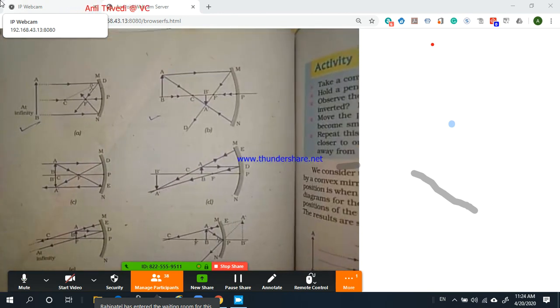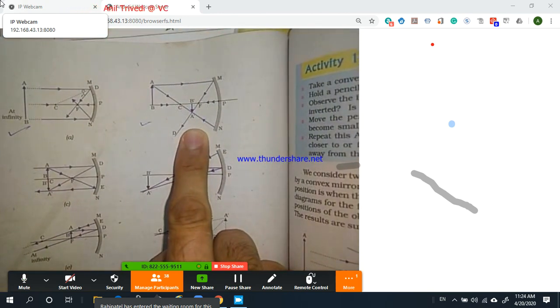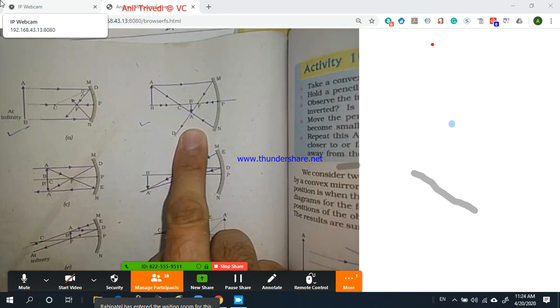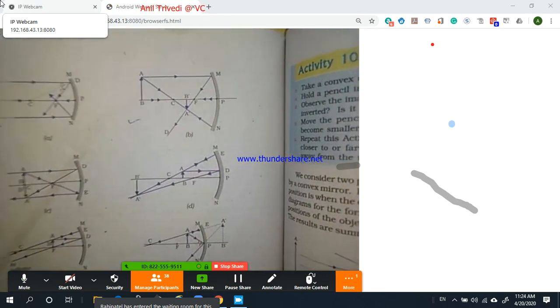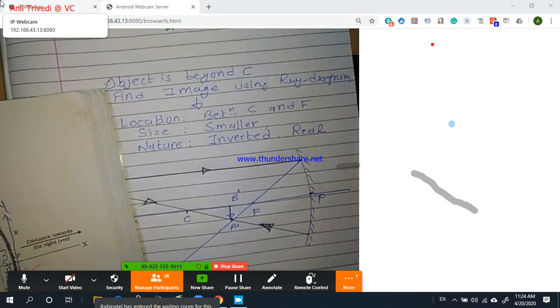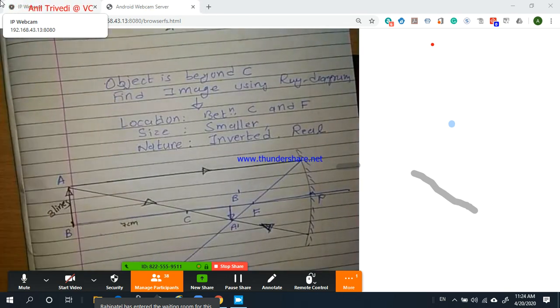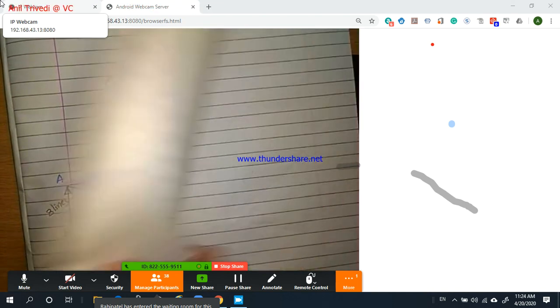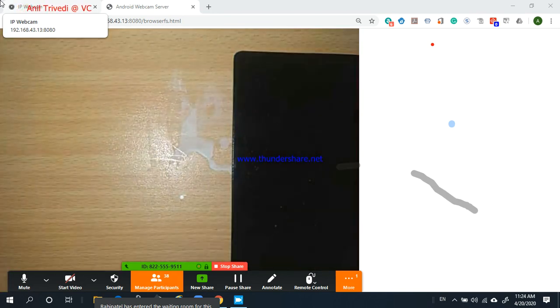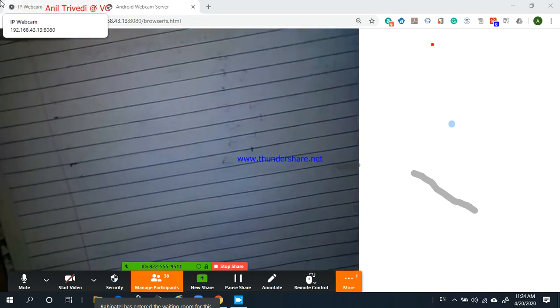Okay, so this diagram we have drawn. Are you clear with that? Okay. Now, which is the next diagram in continuation? Object at C. Okay.